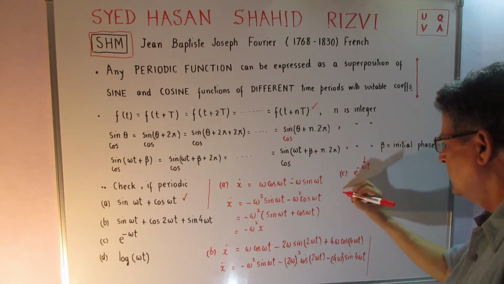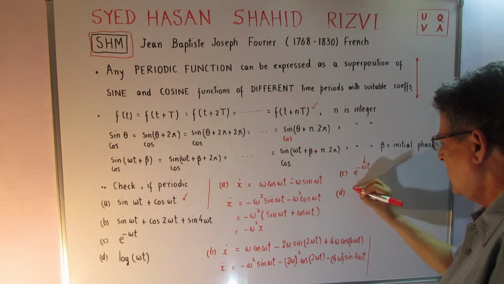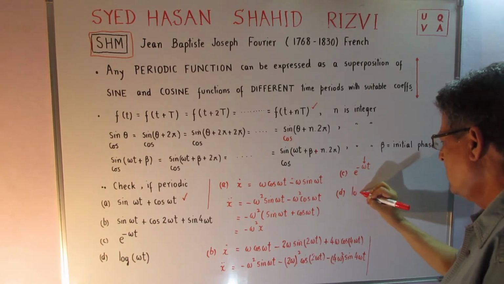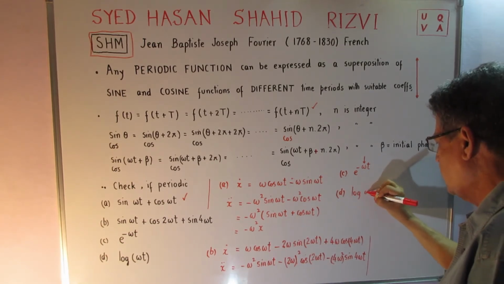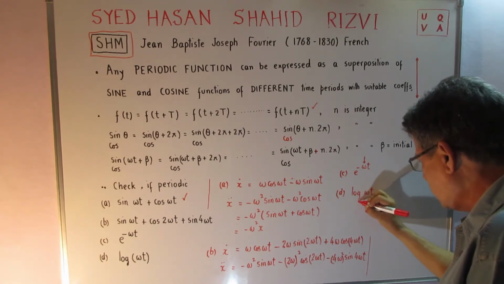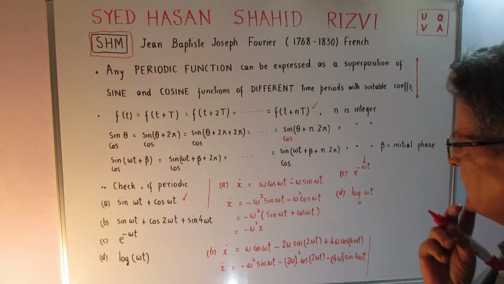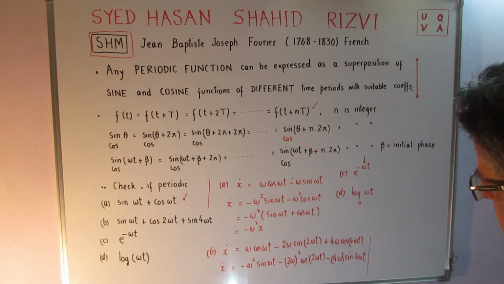And similarly, in part D, let us try log of omega t. Again, let's see what is the argument. Log of omega t, when we write, then the base becomes equal to 10, in general, or whatever base it is.